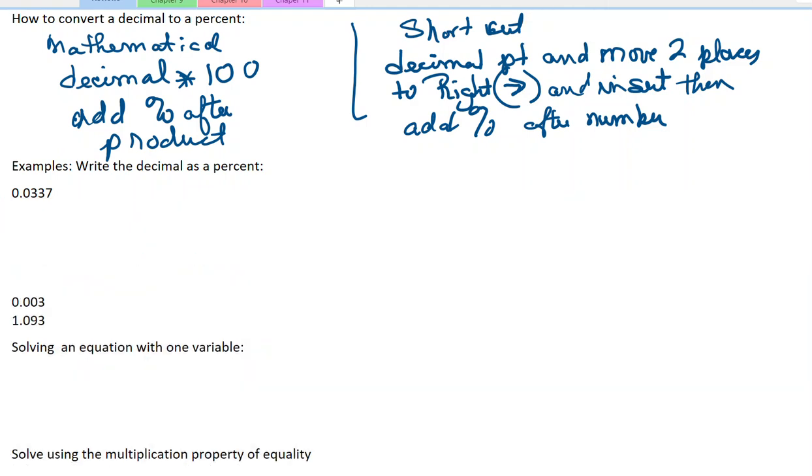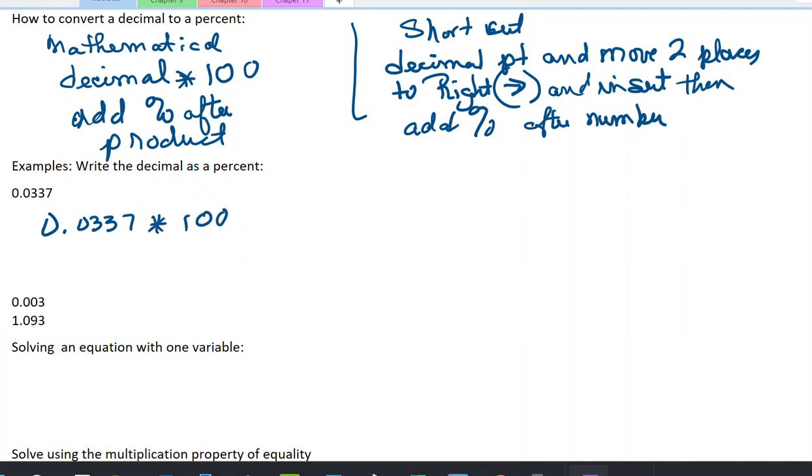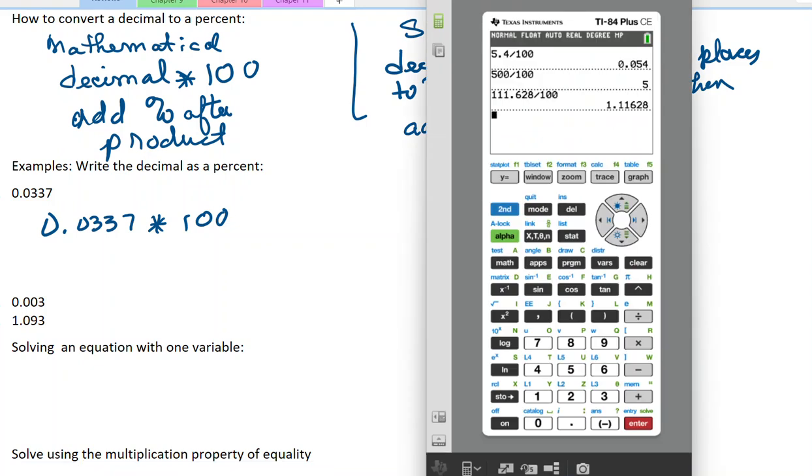All right, so if we did the first one, we would take the 337 10,000ths. We'd multiply by 100, and we'll do that with a calculator. And I would get this.